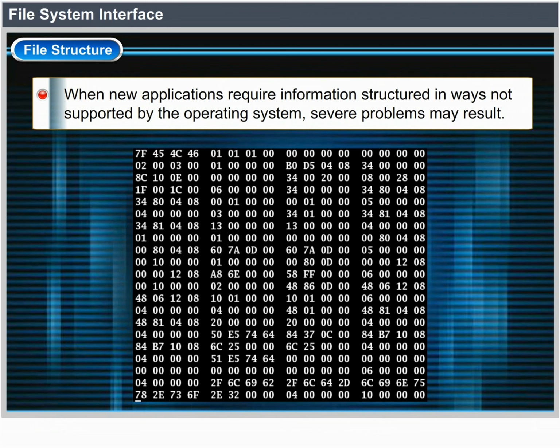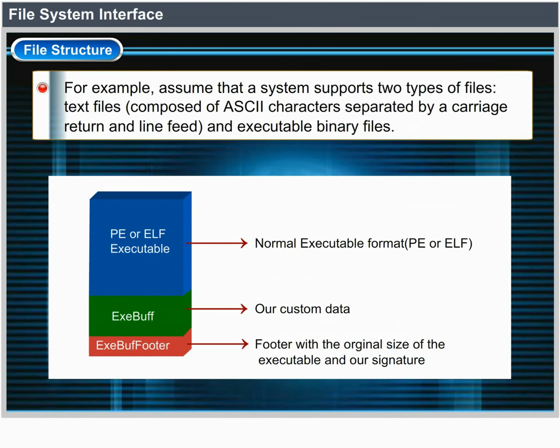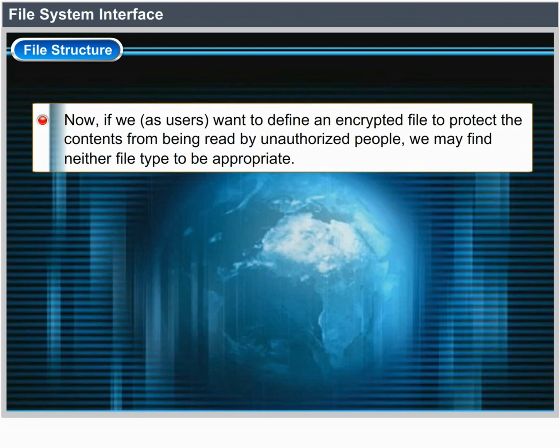For example, assume that a system supports two types of files: text files composed of ASCII characters separated by a carriage return and line feed, and executable binary files. Now, if we, as users, want to define an encrypted file to protect the contents from being read by unauthorized people, we may find neither file type to be appropriate.